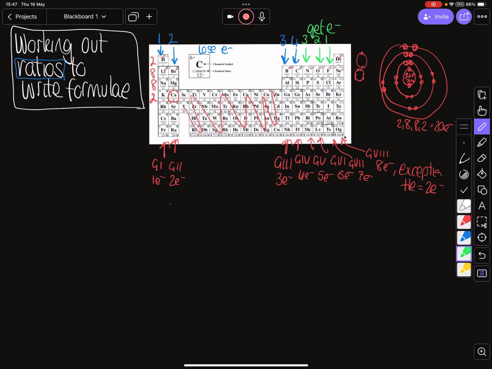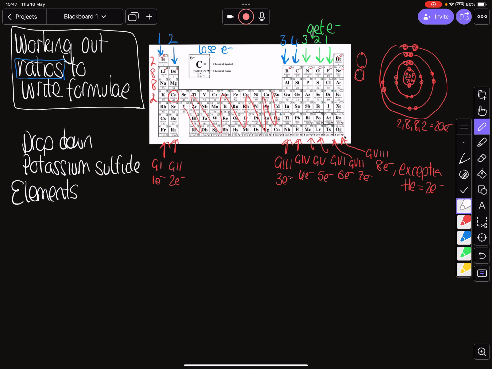So we're going to use what I call the drop-down method to work out our ratios, and we have some rules. So firstly, you need to figure out the elements that are going to be in it. They may give you a compound name. So if we have something like potassium sulfide, you need to figure out what are my 2 elements.